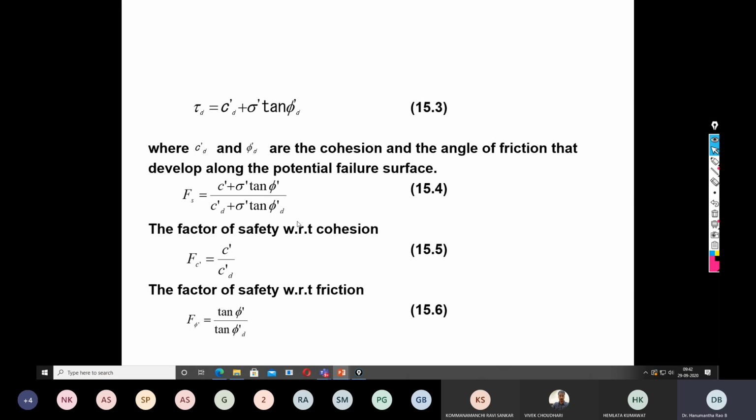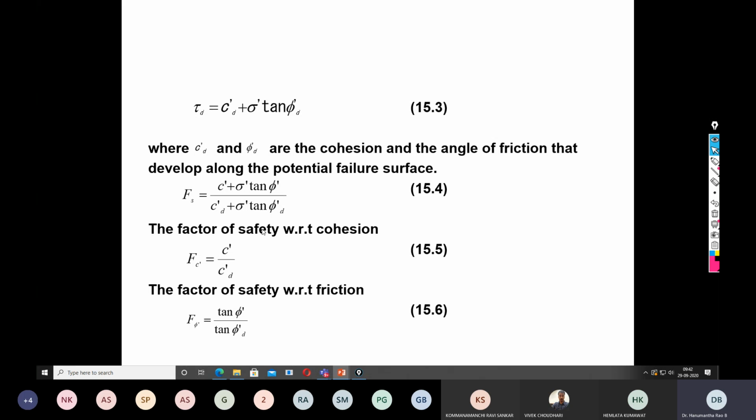Just remember, we can have two independent factor of safety values, one corresponding to the cohesion component and another corresponding to the internal friction. Although we normally take only one factor of safety, you are allowed to take the factor of safety independently for cohesion and for friction.